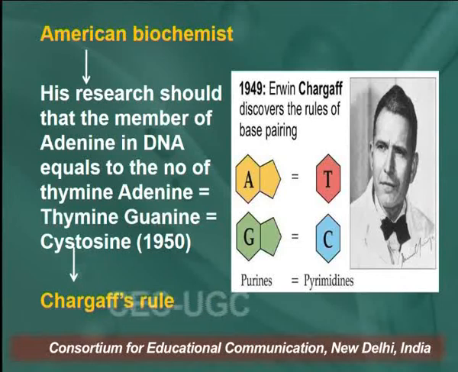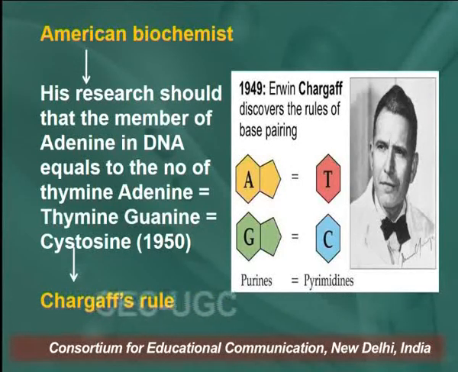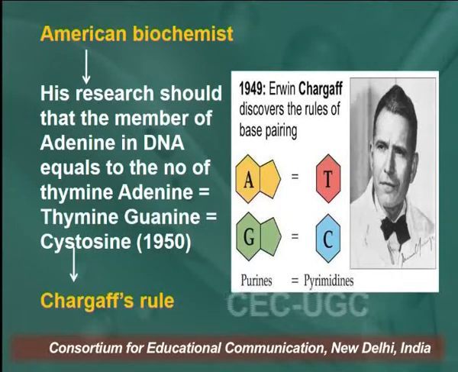His research described that the number of adenine bases equals the number of thymine bases, and the number of guanine bases equals the number of cytosine bases. So you can see on your screen A equals T and G equals C.